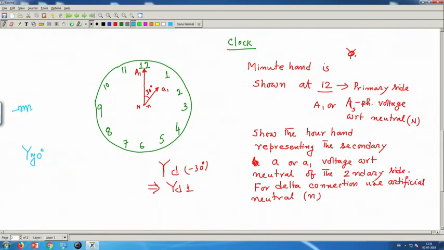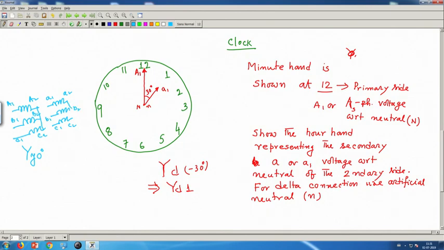These are the primaries, you short this, these are the secondaries, A1, A2, B1, B2, C1, C2, and small a1, a2, b1, b2, c1, c2.